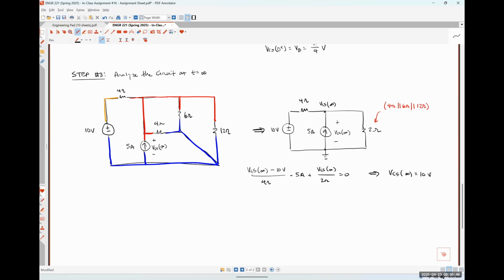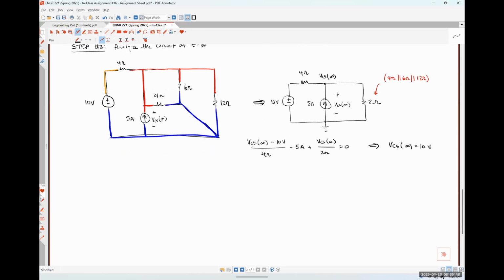Okay. So step number 4 is to determine the time constant for the circuit.